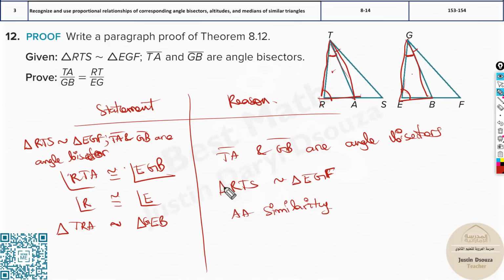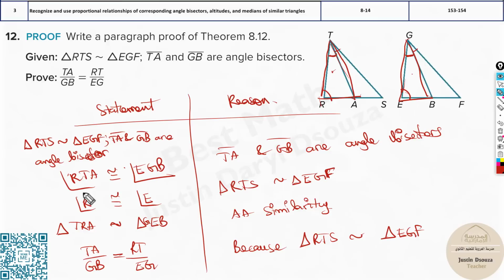Now, if these two triangles are similar, I can write this proportionality, isn't it? TA divided by GB, the other side of the triangle, will be equal to, this proportionality will hold good, RT divided by EG, because triangle RTS is similar to triangle EGF.